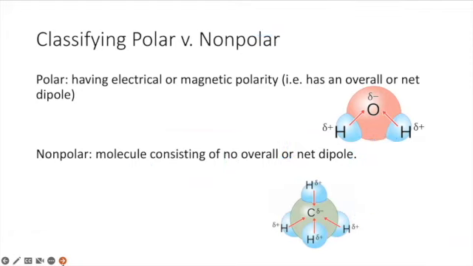So I kind of already touched on this, but polar is having an electric or magnetic polarity. Basically, it has an overall or net dipole. So H2O is polar.